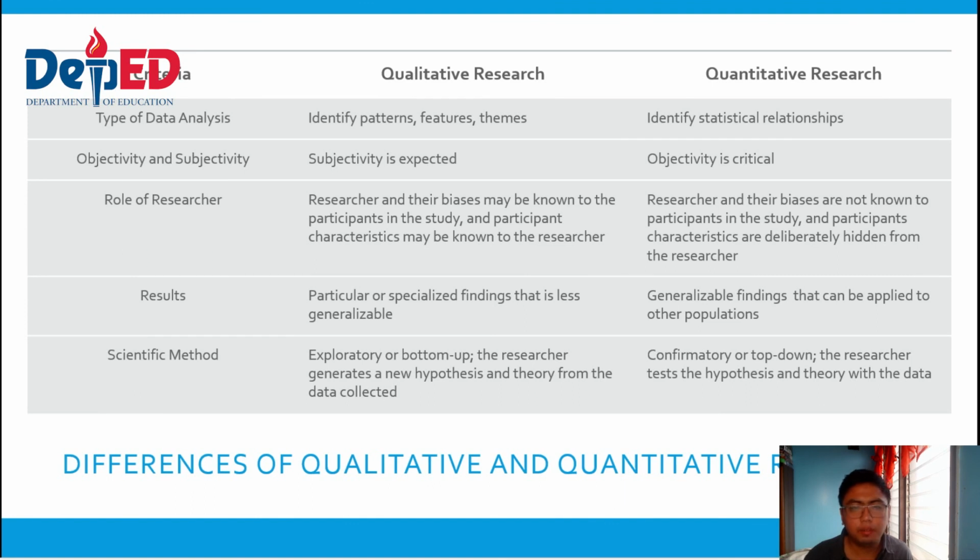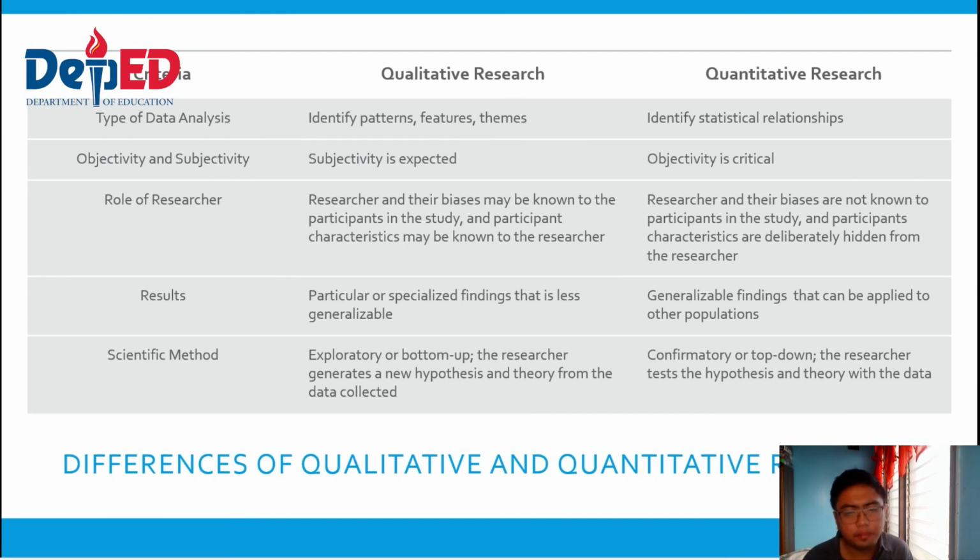Objectivity and subjectivity, qualitative is more on the feelings. Okay? Subjective siya. While quantitative is more on objectivity, wherein numbers talaga ang yung basis. Role of the researcher, for qualitative, the researcher and the biases are known and the participants are known to the researcher. While quantitative, the researcher and their biases are not known and their participant characteristics are hidden from the researcher.